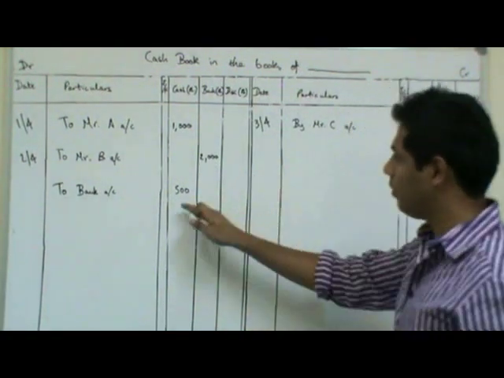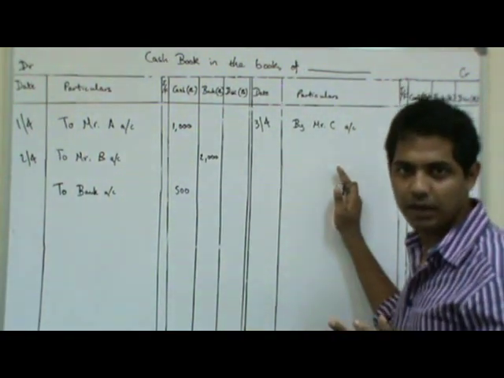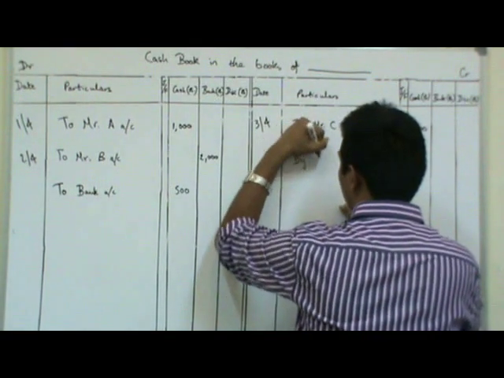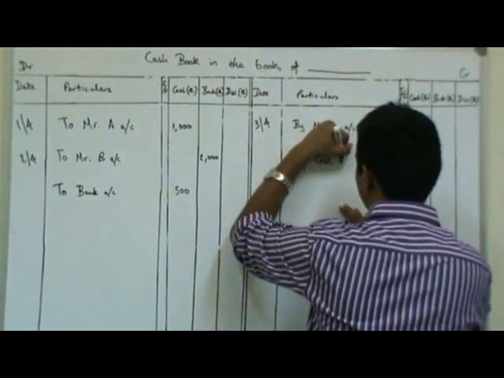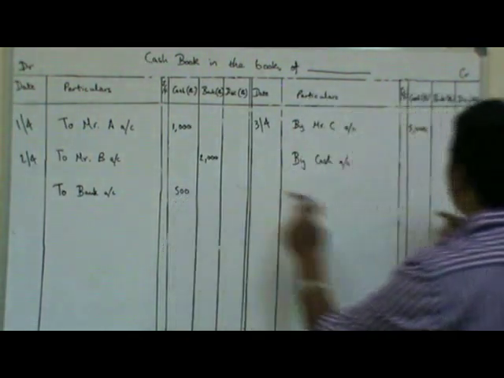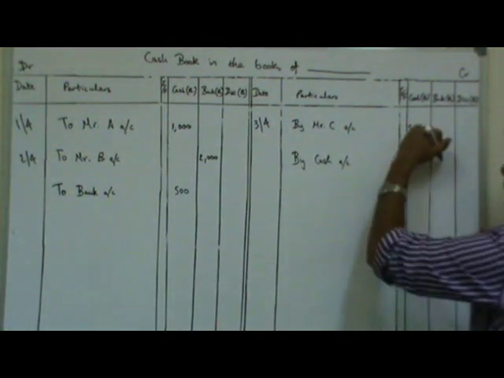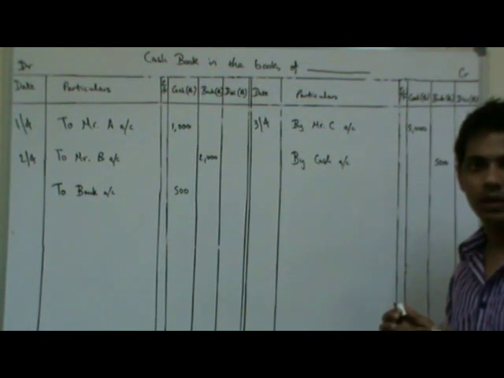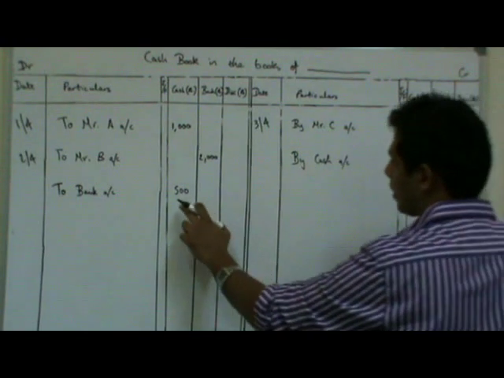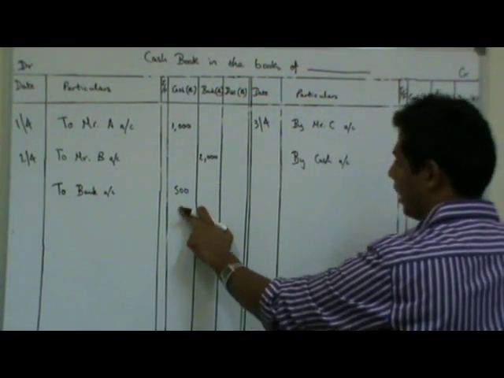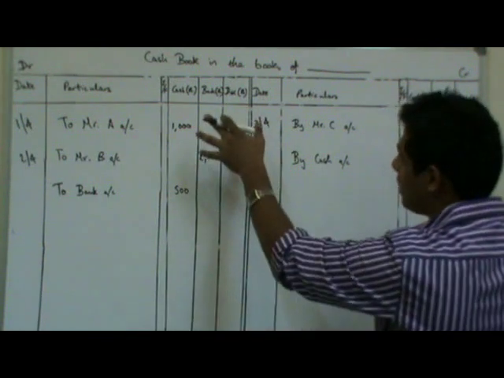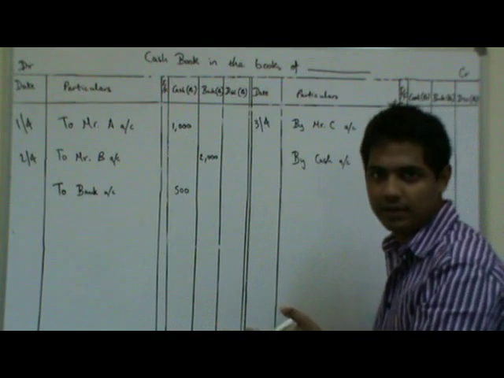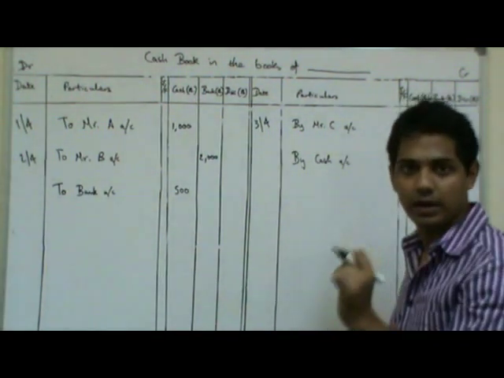Say on the same date, obviously bank has given you money, so bank has to be credited. So we will write by cash account and write the same amount in the bank column, 500. Now, cash and bank are both separate accounts, but since they are in the same primary book of entry, since they are both cash in essence, we call this a contra entry.